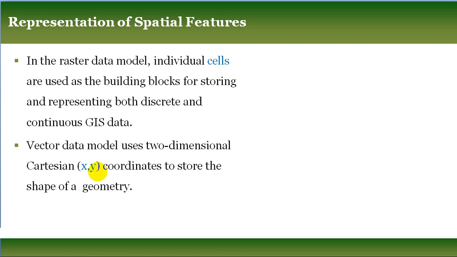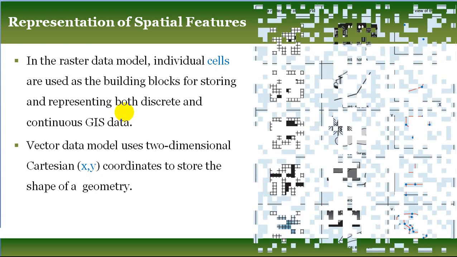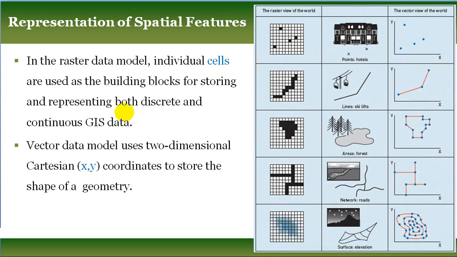Okay, now I will present one illustration in front of you. These are the different types of geographical data. Suppose some hotel, some hostel, some building, some police station. When we try to represent such discrete geographical data, you can use either raster or vector.